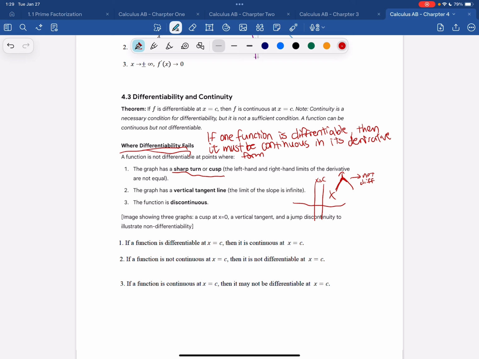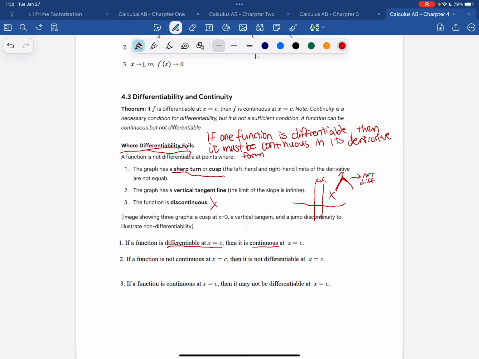Okay. So here I'll show you three terms that you need to know. If a function is differentiable at c, then it is continuous at c. This does not mean that if a function is continuous at c, then it's differentiable at c. It only means differentiable at c implies continuous at c.